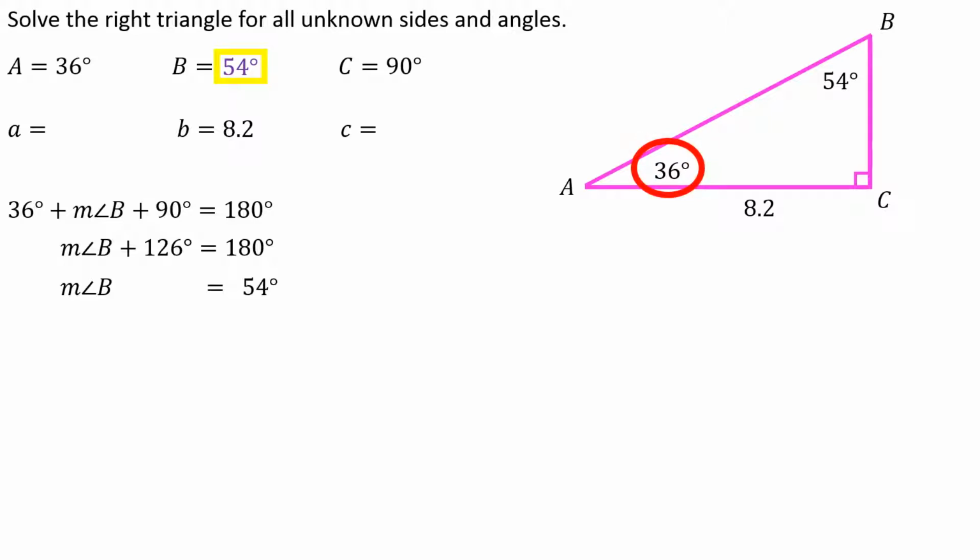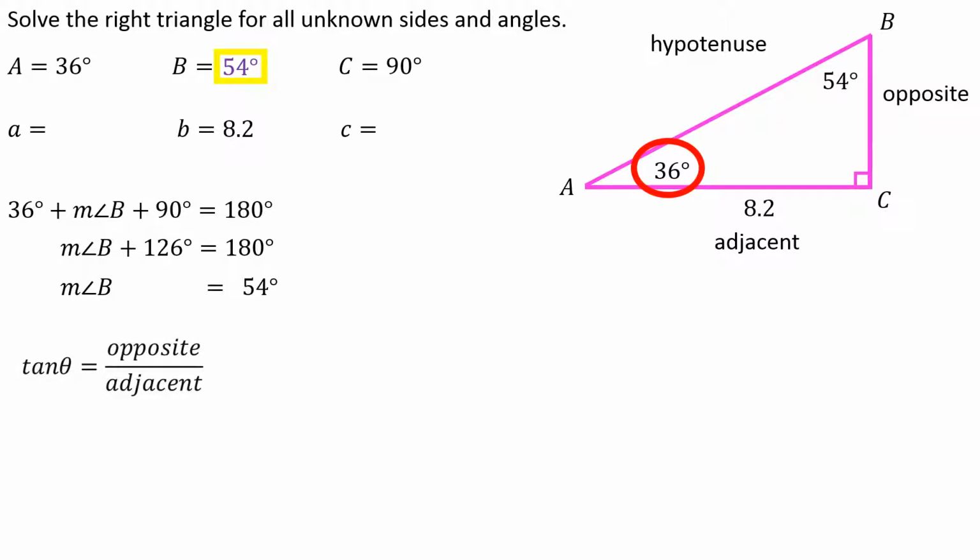So I choose an angle. I decided, hey, I'll take a look at this 36-degree angle. Once I choose an angle, I know what side is opposite. I know what side is adjacent. And of course, the hypotenuse was predetermined. It has to be across from C. So if I want to find the measurement of the opposite side, and I know the adjacent side, SOHCAHTOA tells me I have to use tangent.